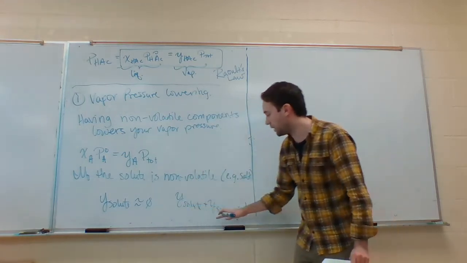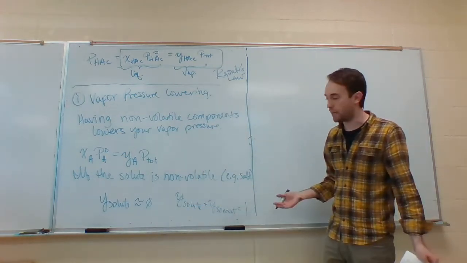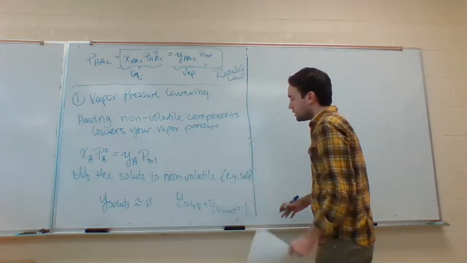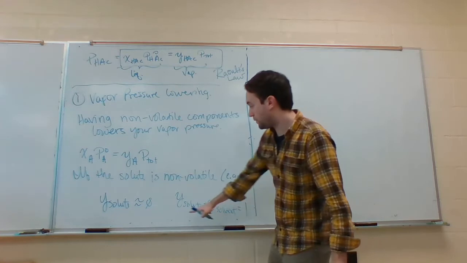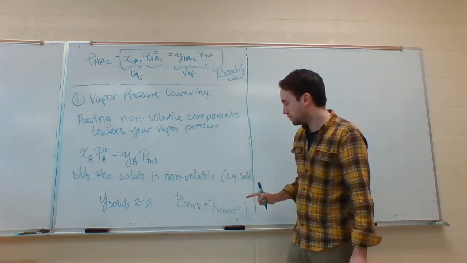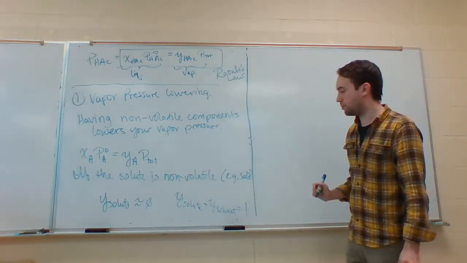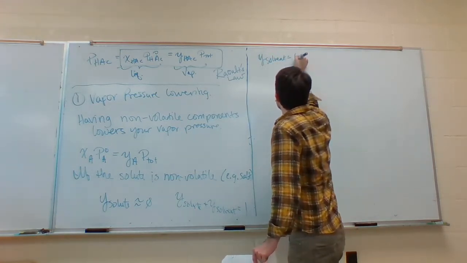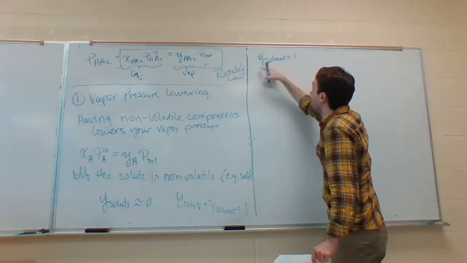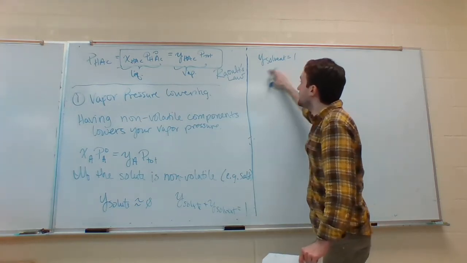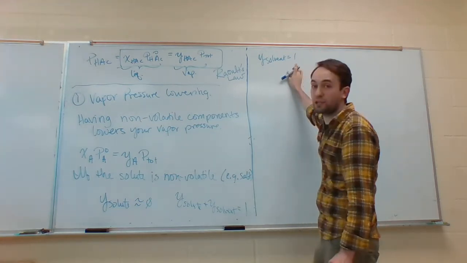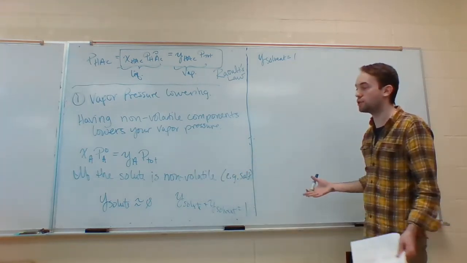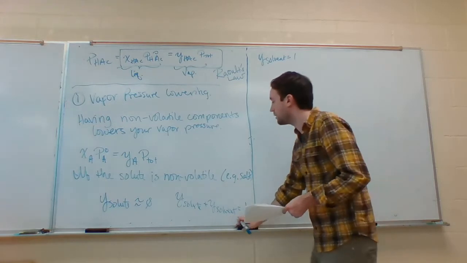Because we only have the solute and the solvent, and both of those fractions must add up to equal 1. So if the solute is 0, then the solvent has to equal 1. So Y of the solvent is equal to 1, and that's our mole fraction in the vapor. So all of our fraction in the vapor comes from our solvent, and that should make sense because none of our solute went up into the gas.